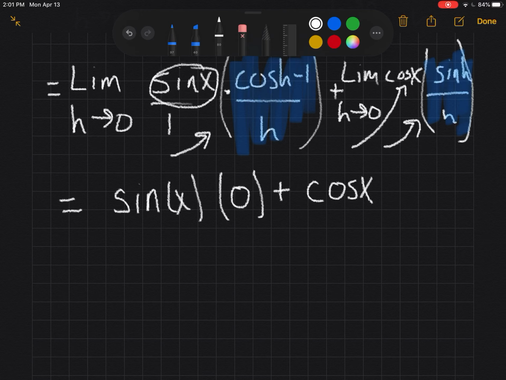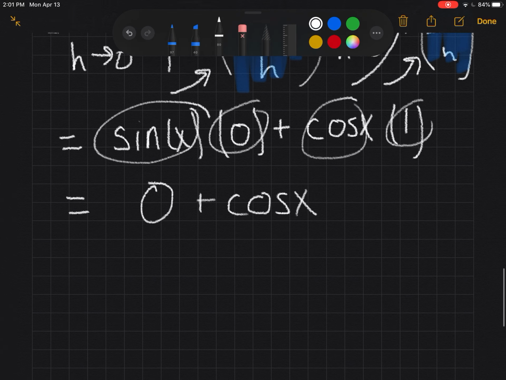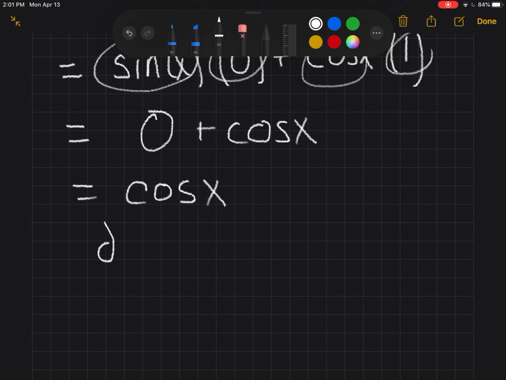Similarly here, cosine of x doesn't have anything to do with h. So when I take the limit as h approaches 0 of cosine x, my answer will just be cosine x. And this that I highlighted in blue is a known limit of 1. And now all I have to do is some algebraic simplification. Sine of x times 0 is 0.